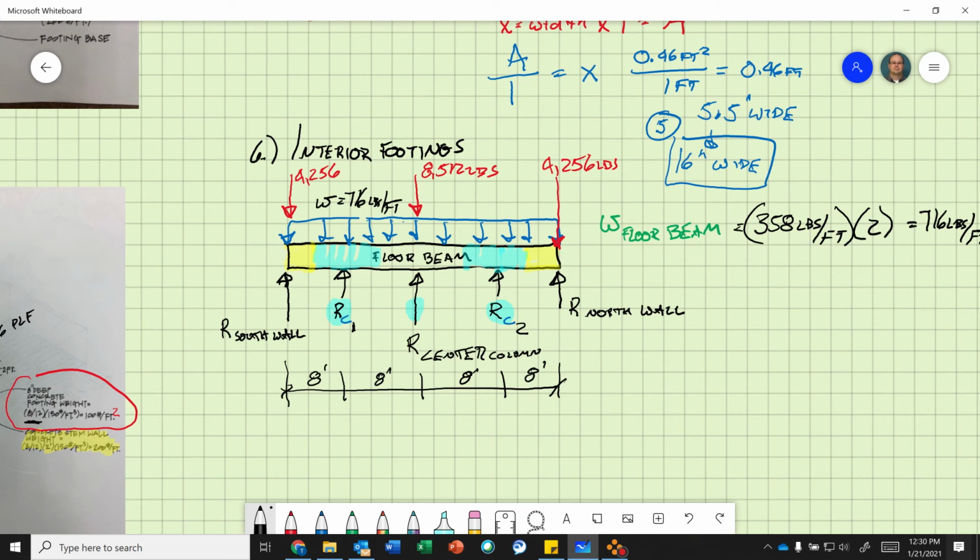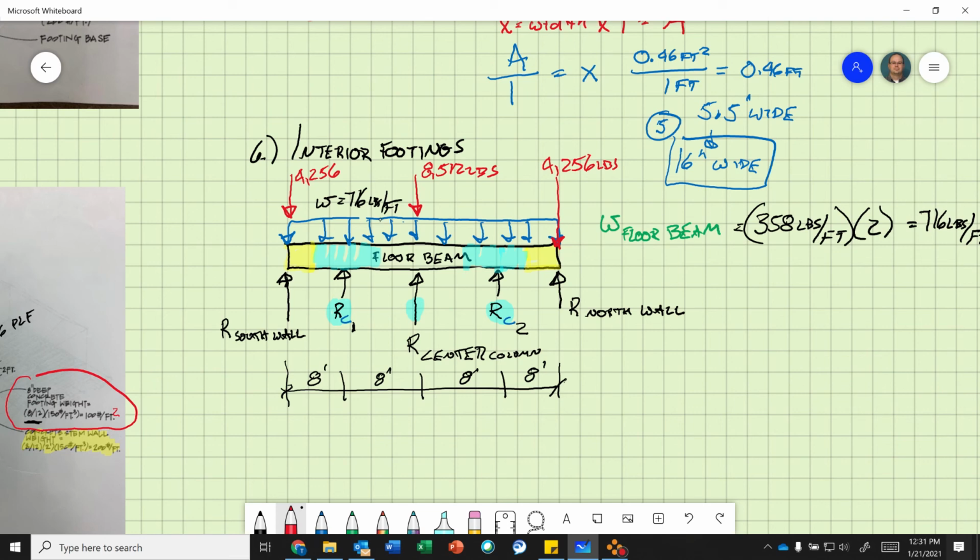So now we're going to decide which one is going to carry most of the load. Okay, so a little discussion here. We notice this point load, the center column is transferring down to this column footing in the middle here. Okay, so what do we do?